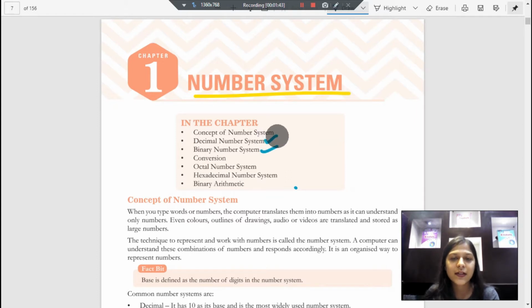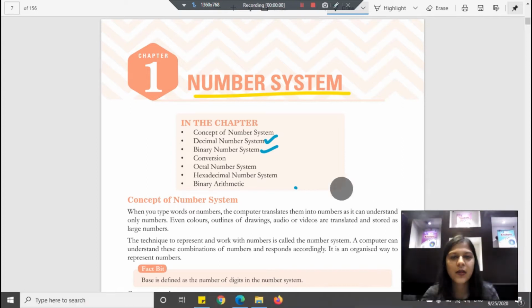Decimal number system. Decimal, again, you know what is decimal, something that has the value of 10. So decimal number system has numbers with the number base 10. It is the common number system that we use, and the digits that we use in here are 0, 1, 2, 3, 4, 5, 6, 7, 8 and 9. So 0 to 9, right?